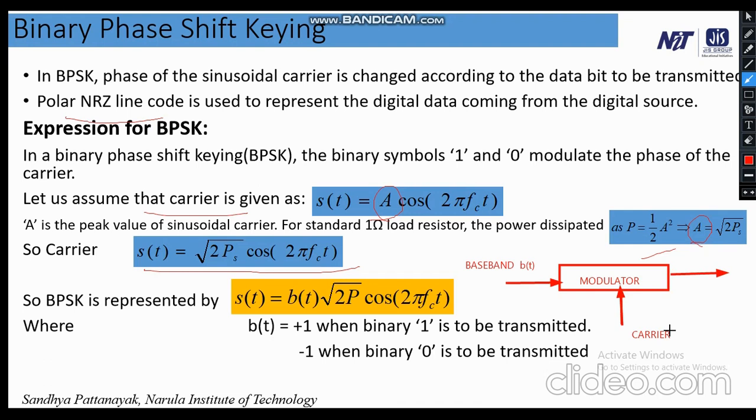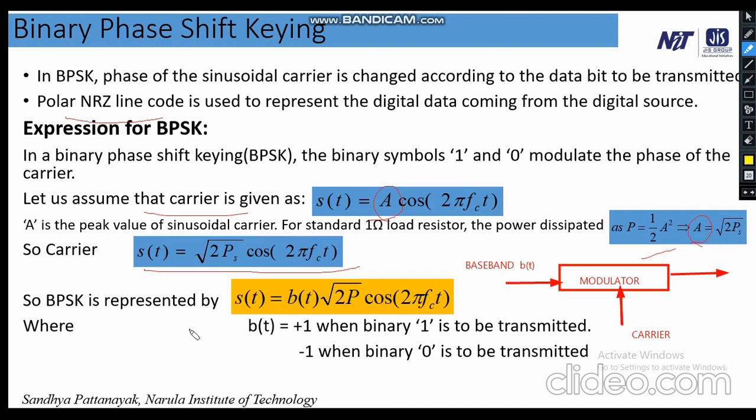If I had used a unipolar NRZ line code technique and applied that baseband signal to the modulator, along with the carrier signal, the output would have been an ASK signal. But in order to generate a binary phase shift keying signal, we have to apply a baseband signal represented in polar NRZ line code form.